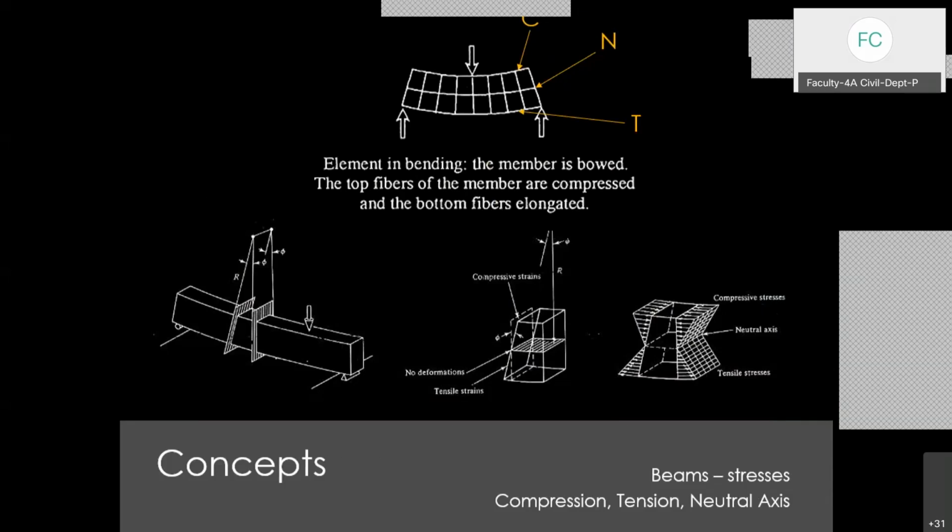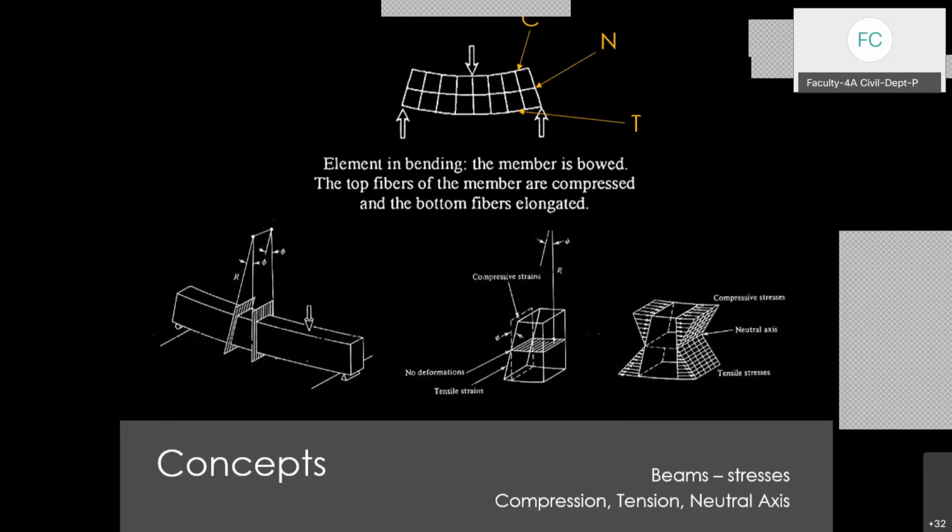Basically, whenever there is bending in the member, in that case, there is a compression in the top portion while there will be tension in the bottom portion, and between them in the middle part there will be the neutral axis. And because of this, there will be stresses developed in that beam.